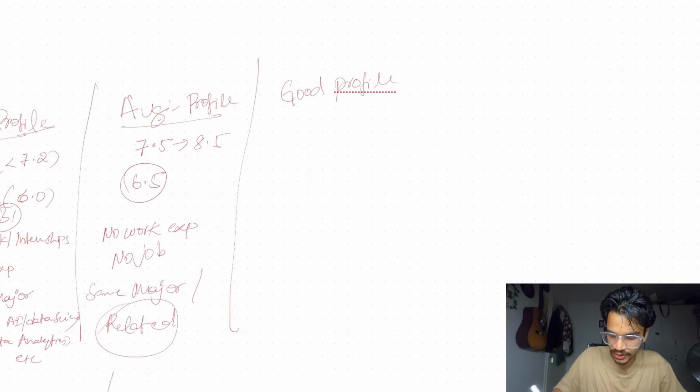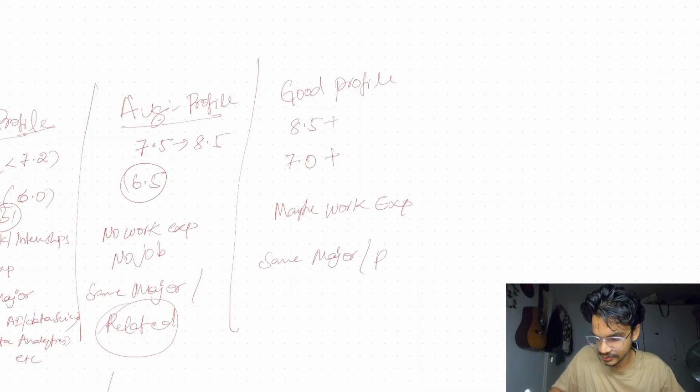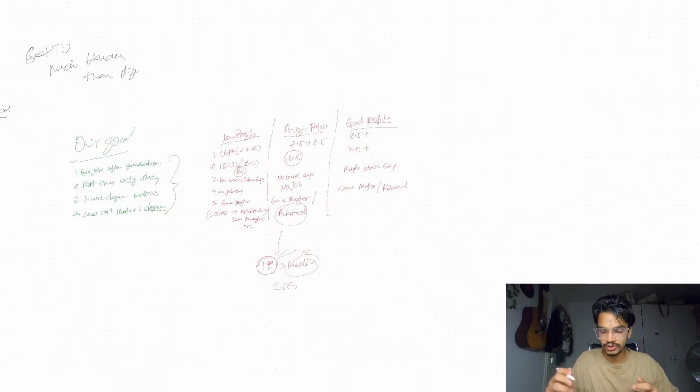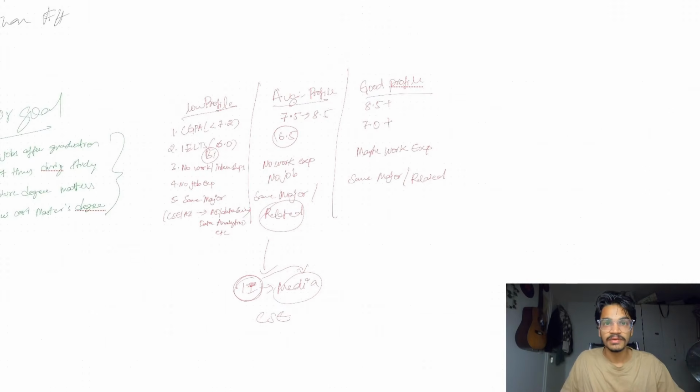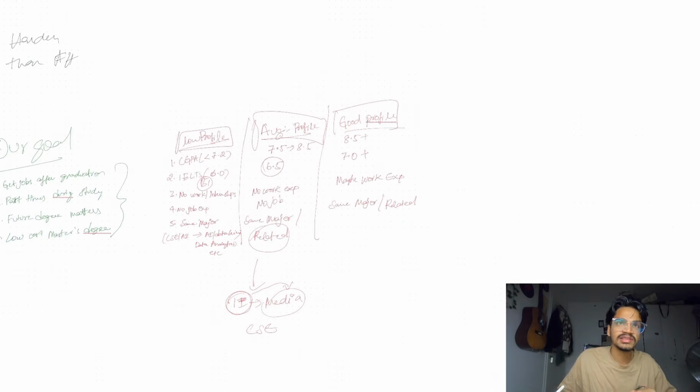And for the good profile, you choose the category which you belong to, and we're going to see the list of colleges based on your profile, so how you can shortlist. So these are the types of profiles, and now let's see the list of universities in Austria and how you can shortlist them.